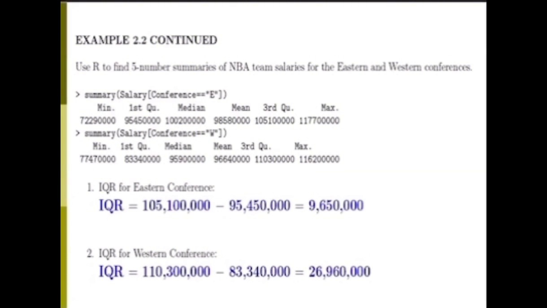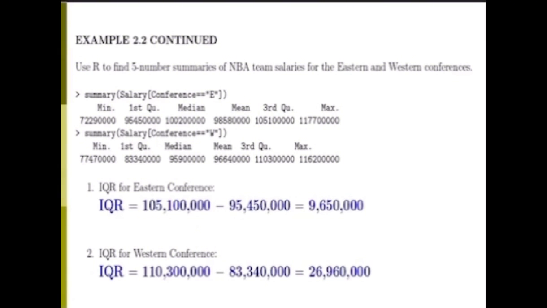Now, we can only use the coefficient of variation in a situation where the two data sets I'm comparing are normal. Do you know the formula for the coefficient of variation? The standard deviation over the mean. Don't forget the mean and the standard deviation are also sensitive to outliers.